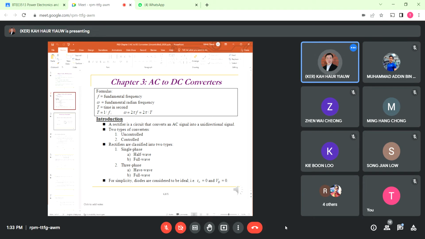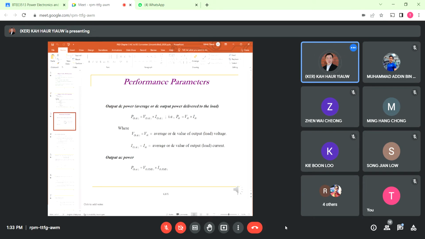All right. Also, I need to introduce you to some performance parameters. Those parameters are actually very important for you to measure given systems. They can be used to measure or calculate the input and output values. For example, in this slide here, you have the output DC power P out DC.